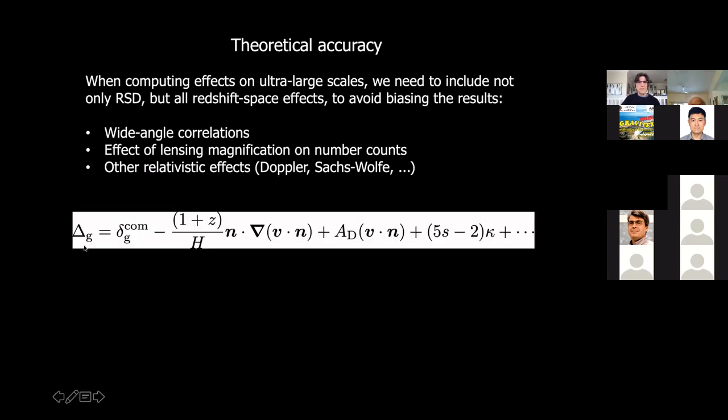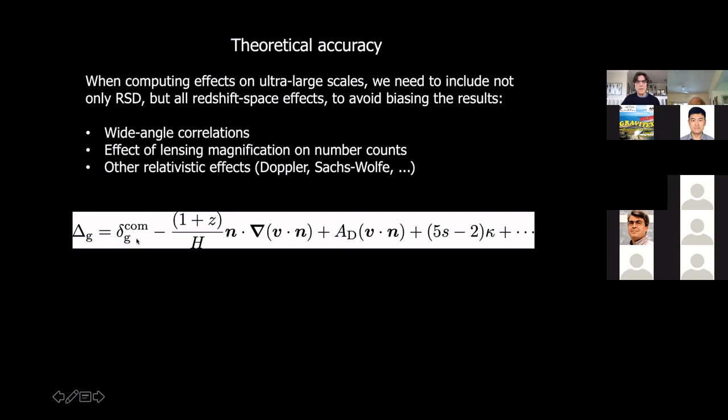So here I've shown schematically, this is the observed number density contrast. This is the number density contrast at the galaxies without observational effects, but we can't measure this quantity here.